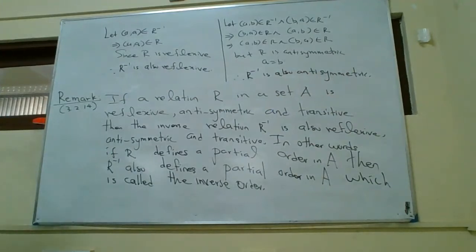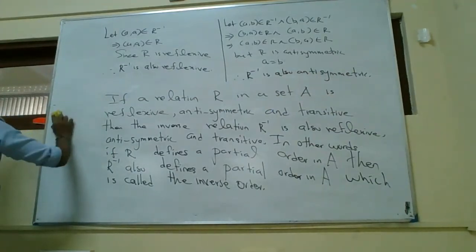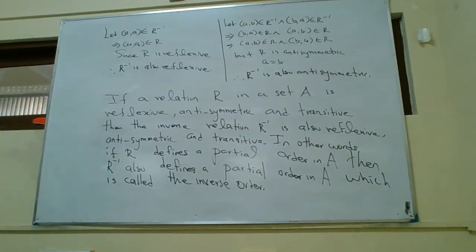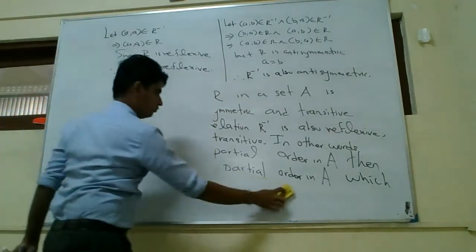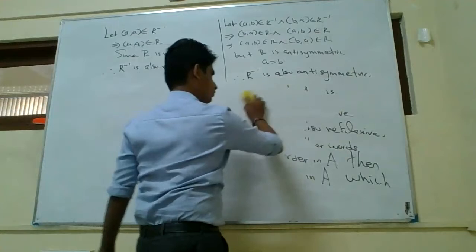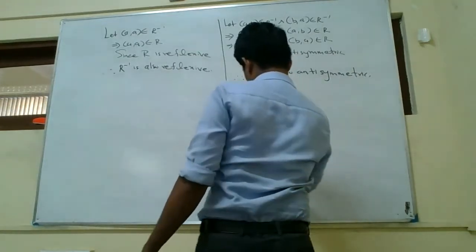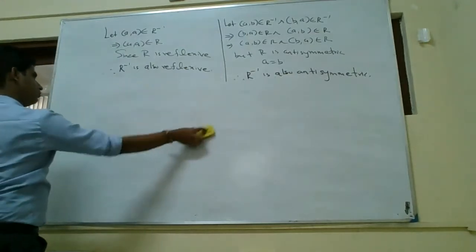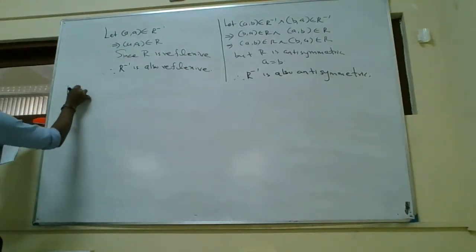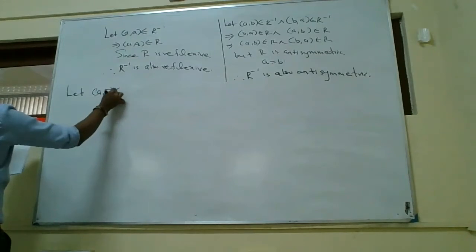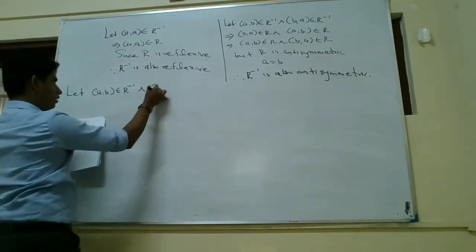Transitive case. Let (a, b) belong to R inverse and (b, c) belong to R inverse.